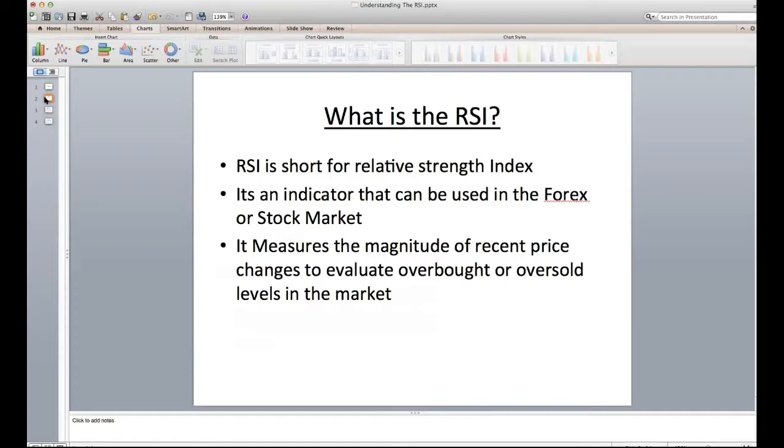This tool measures the magnitude of recent price changes to evaluate overbought or oversold levels in the market. Have you ever heard of buy low, sell high? This indicator helps you decide when to buy low or sell high.